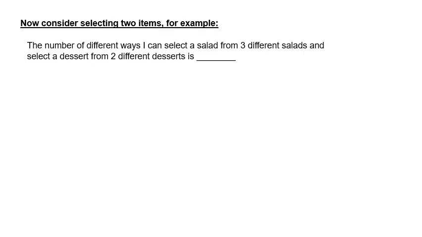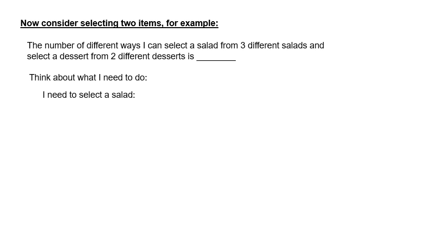Now consider selecting 2 items. For example, consider the number of different ways I can select a salad from 3 different salads and select a dessert from 2 different desserts. You may want to pause the video and try to answer this yourself. Now think about what I would need to do. I need to select a salad.